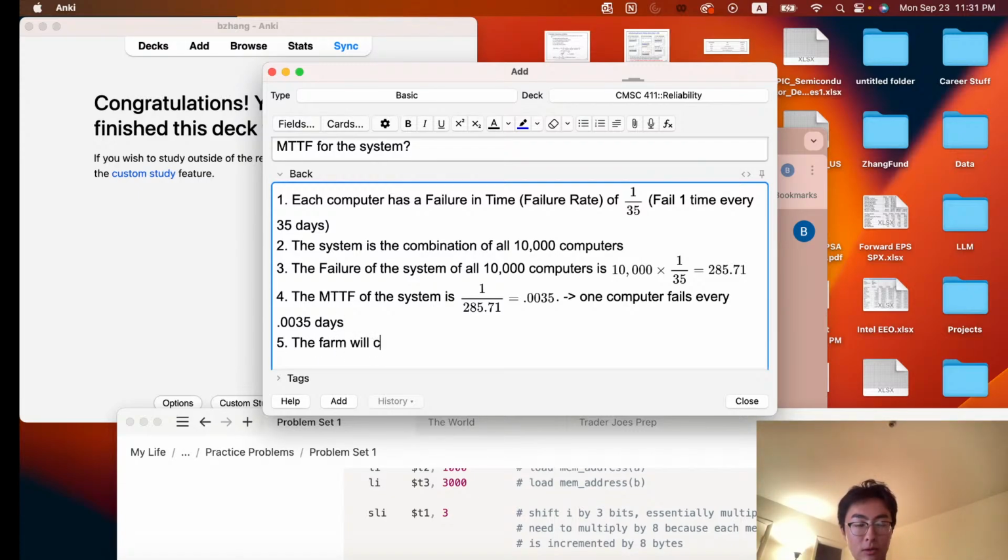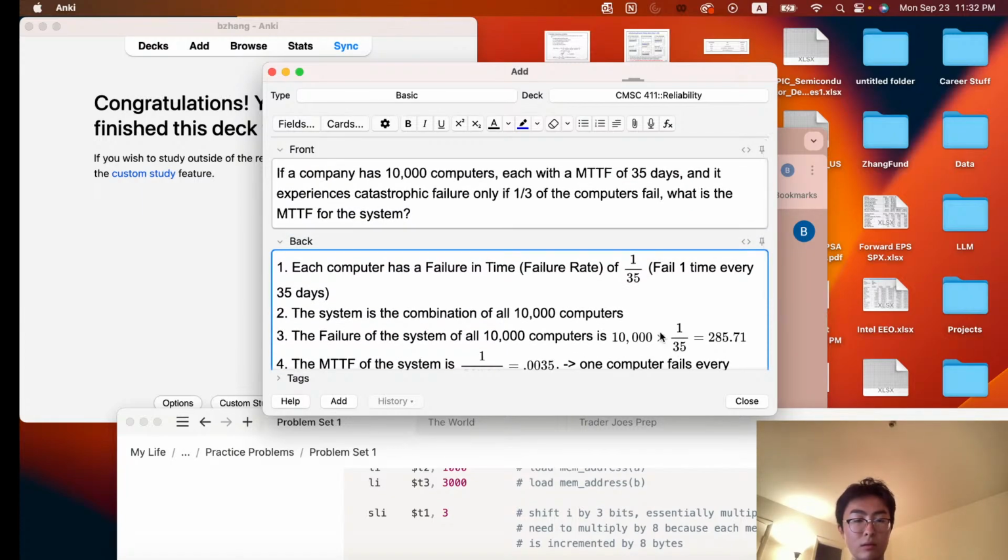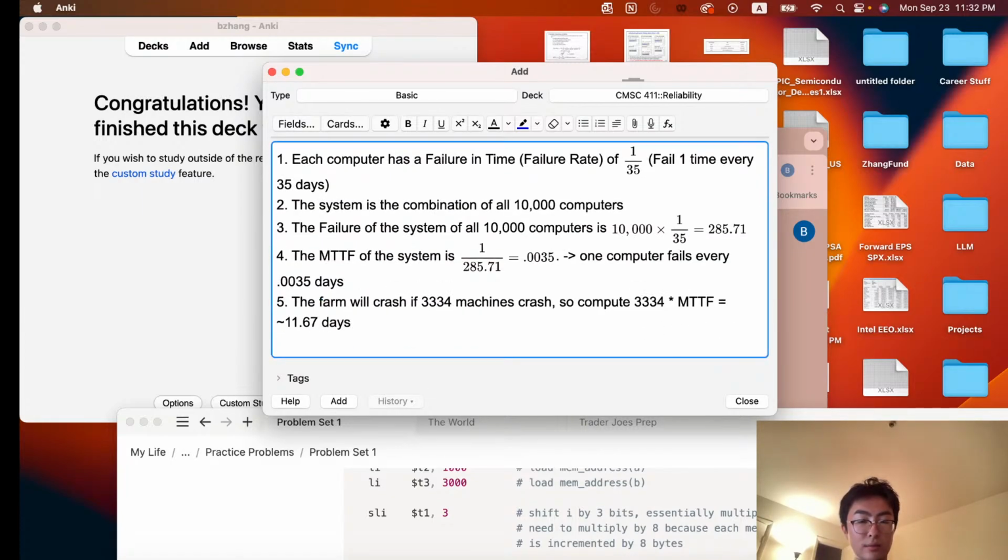Farm will crash if 1,334 machines crash. So compute times MTTF, which is equal to around 11.67 days.